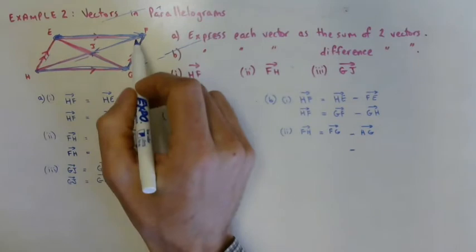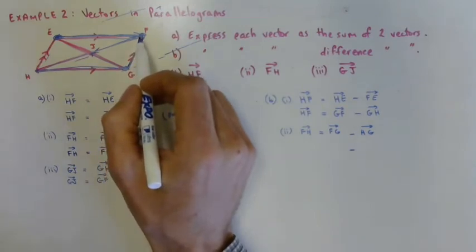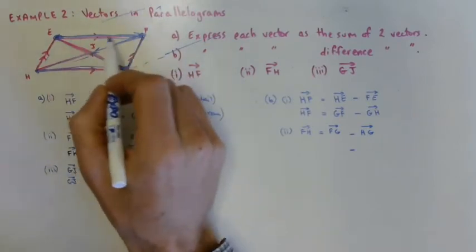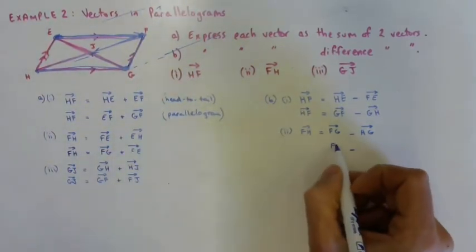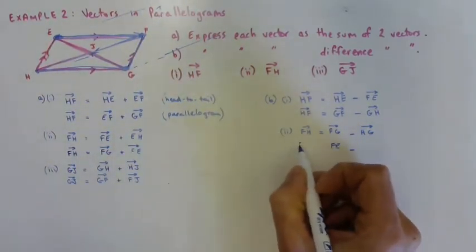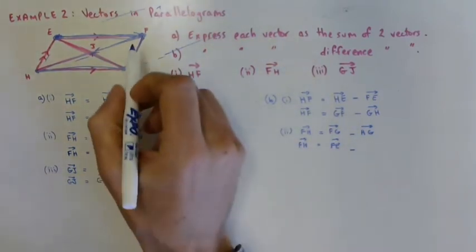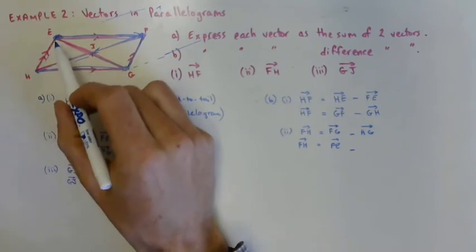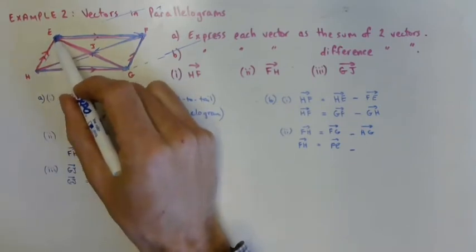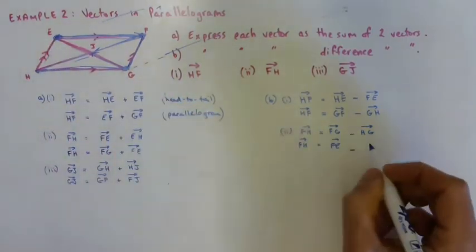We need to subtract, but let's start with FE. That'll get us down there. FE, so FH is equal to vector FE plus EH. So if it's plus EH, it could be minus HE.